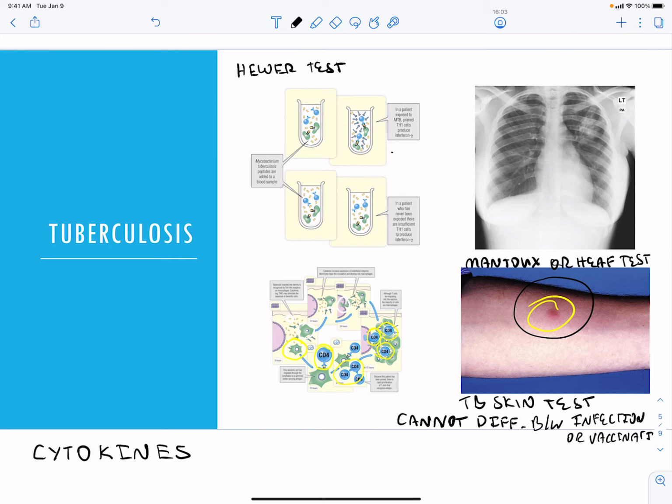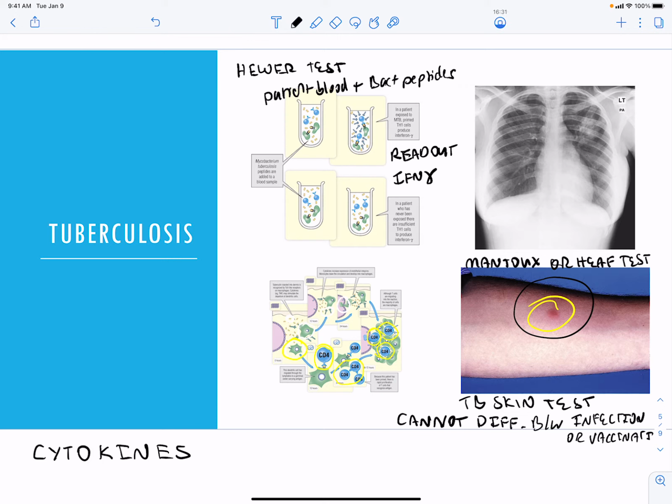And the readout is going to be interferon gamma. So you're basically going to take the patient's blood and you're going to add to it bacteria peptides. Now notice I say peptides, not proteins, because you're trying to see if the T cells will react.